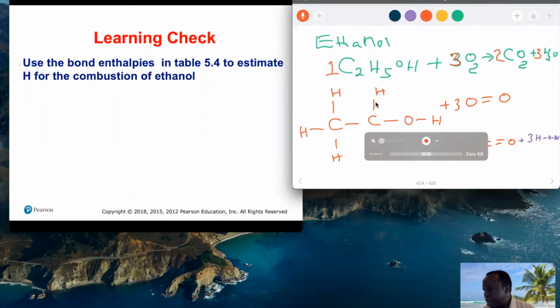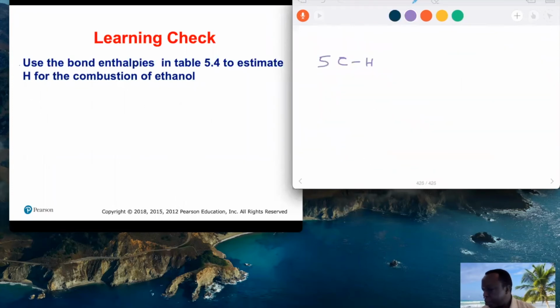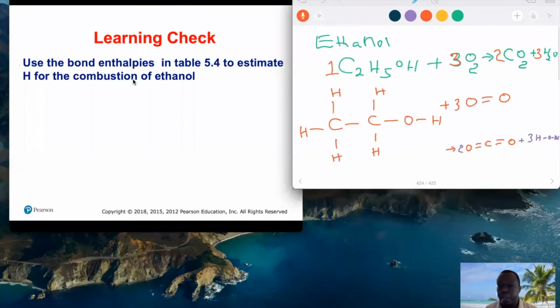So we have 5 of those, which means we have to multiply by 5. The only way you can proceed with these bond enthalpy problems is to have the structural formula similar to that. And I promise, just to make life easier for you, problems will have the structural formula, so that yours is to count how many bonds you are breaking.